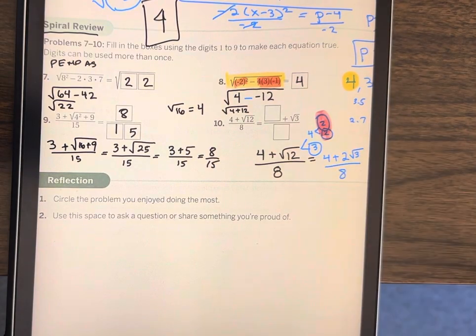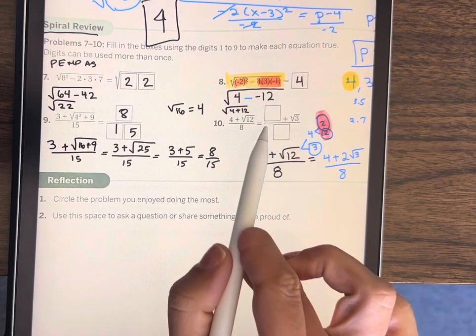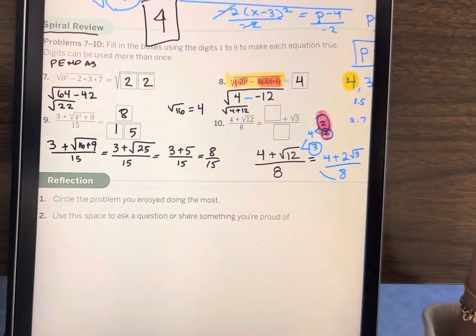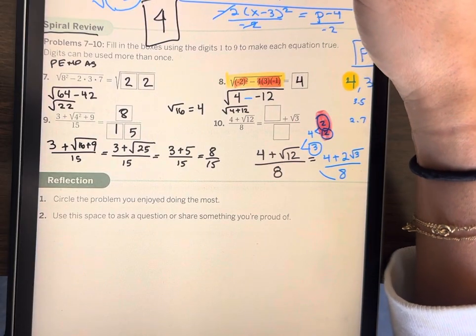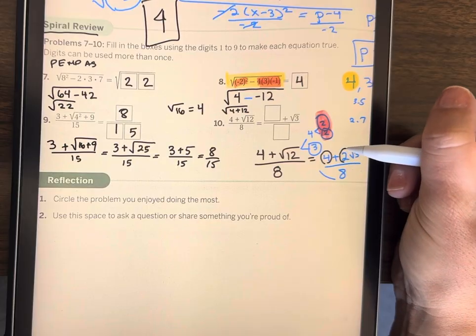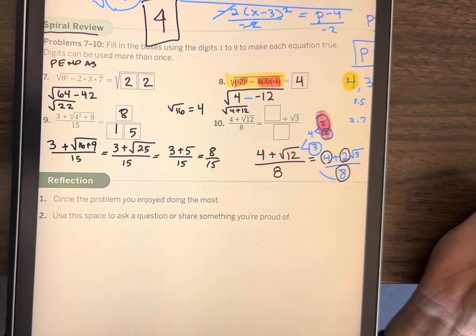And divided by 8. And then I look at this and the boxes don't exactly align to what I have. Oh, that's because I haven't simplified. Look at this. The 4, the 2, the 8. I can divide everybody here by 2. This is a not reduced fraction, okay?